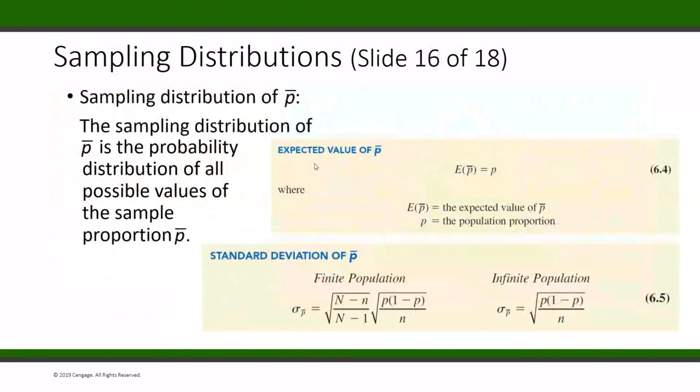So this is all about proportion: the same thing we discussed, proportions and their sampling distribution, how to find the sampling distribution for proportions. It's just the same, with a few differences here and here. You can read the textbook and understand this.